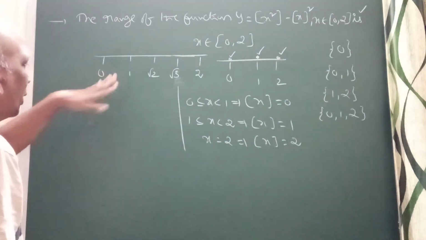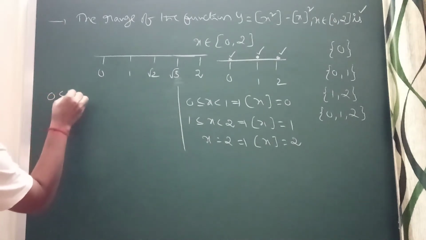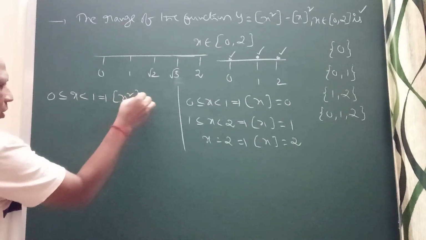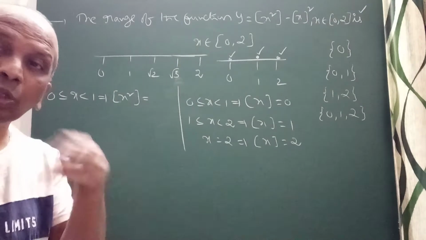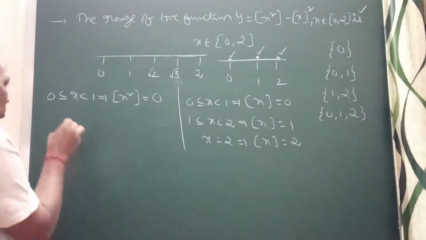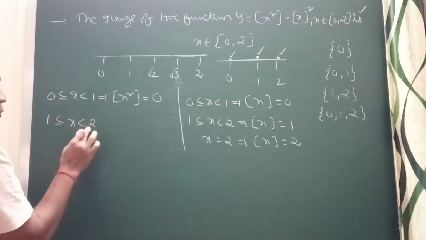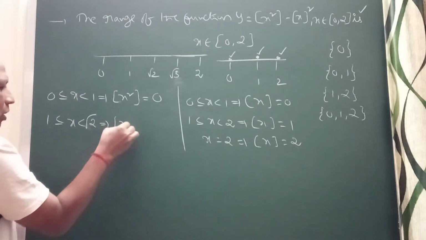Now you can see between 0 and 1, that is 0 less than or equal to x less than 1. What is step of x square? If you take any number in this range and raise it to the power 2, you get 0 point something, so this will be 0 only. Suppose you take 1 less than or equal to x less than root 2. What is step of x square?